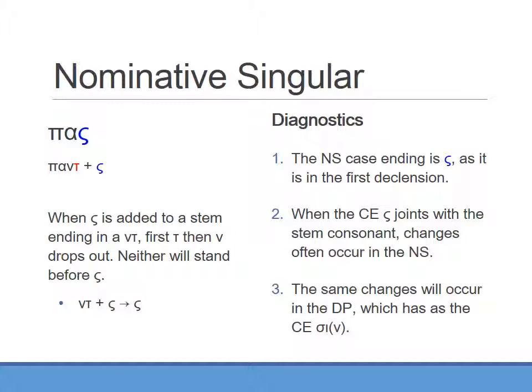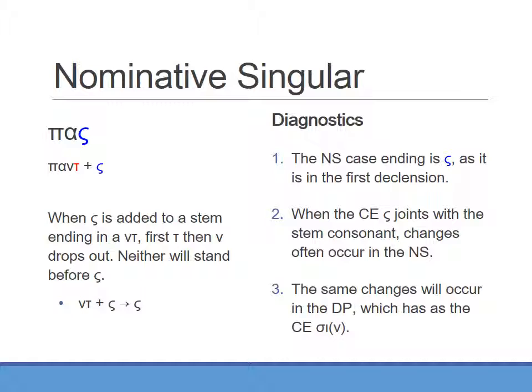As our third example, let's take pas. This is from pas, pantos. If you take the genitive singular pantos and you remove the case ending os, you get the noun stem, pant. Now something strange happens. When you add sigma, neither nu nor tau will stand before sigma.